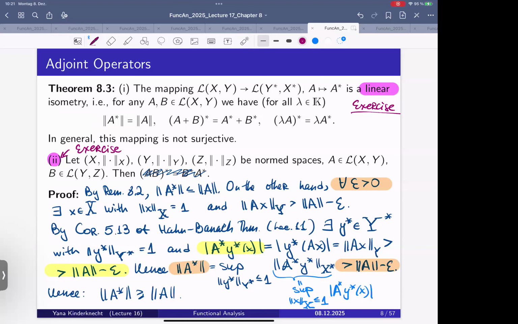Okay. So we have shown the isometry. All the rest is a home task. Okay, so now we go to examples.